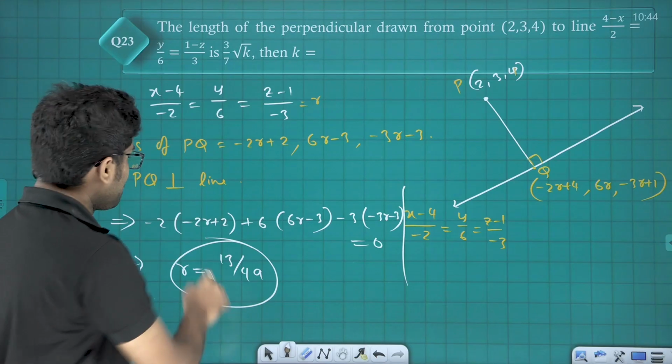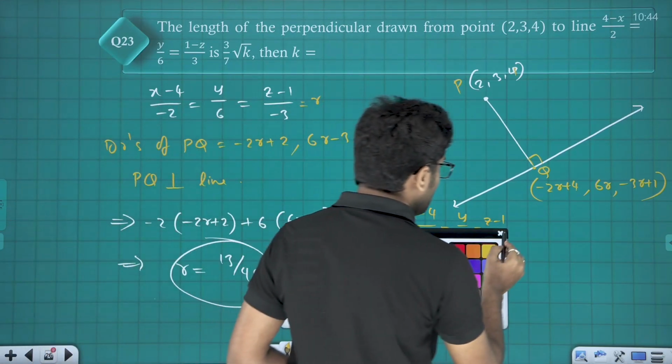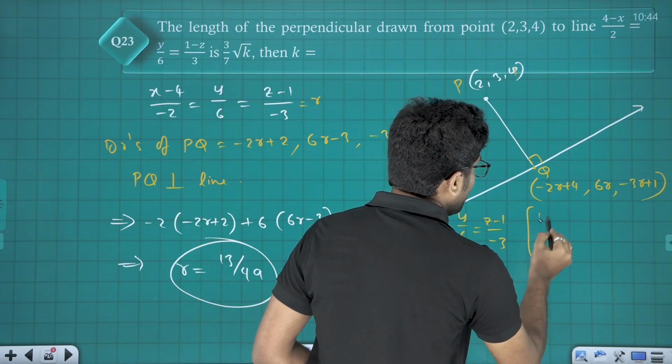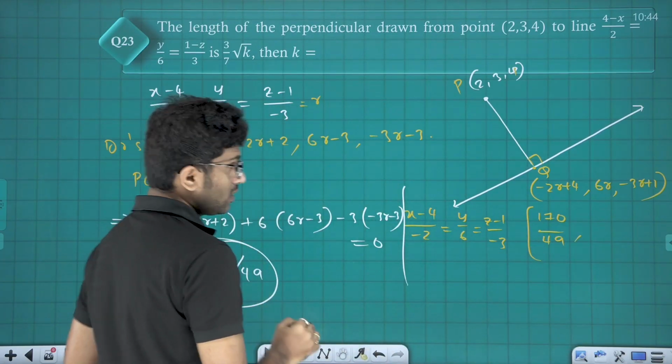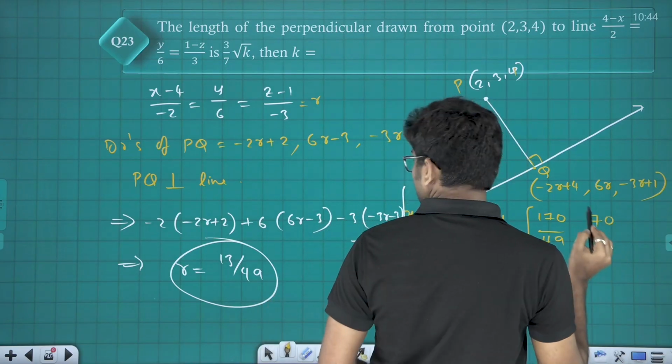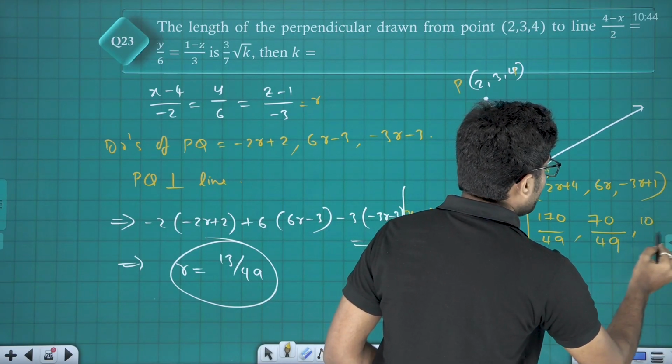Now if you substitute the value of r in the point, we get the coordinates of point Q as 170 by 49, 78 by 49, 10 by 49.